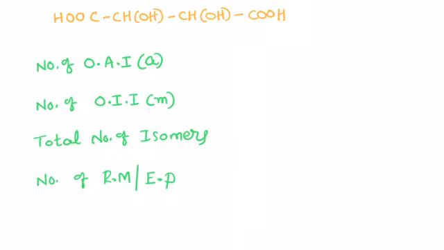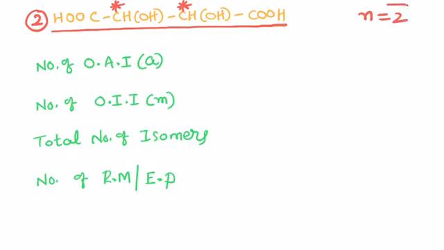enantiomeric pair. Now the second molecule, COOH, CHOH, CHOH, COOH. It is tartaric acid. It has two chiral carbons. What is the n value? n equals 2. Next, it is a symmetrical molecule and has an even number of chiral carbons.